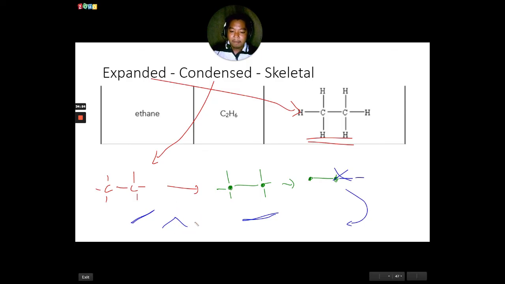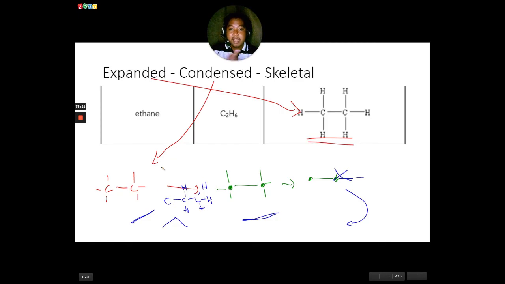Dito naman, merong tatlo. Hopefully, you can follow. Carbon, carbon, carbon, tatlo. Tapos may nakakabit na dalawang hydrogen. Hydrogen, hydrogen. So, medyo mahaba.